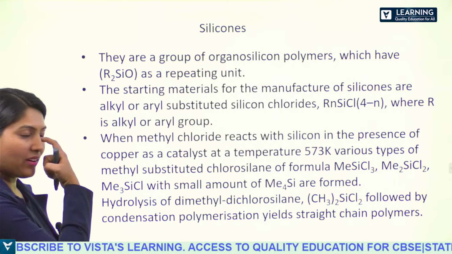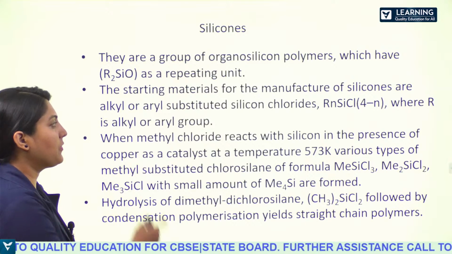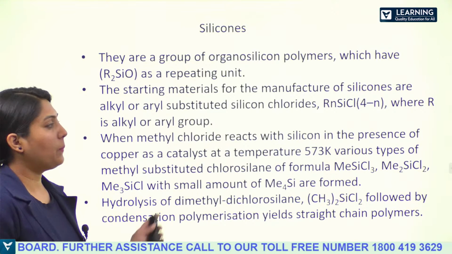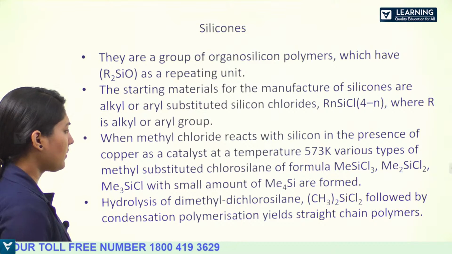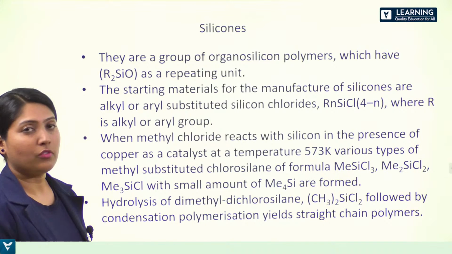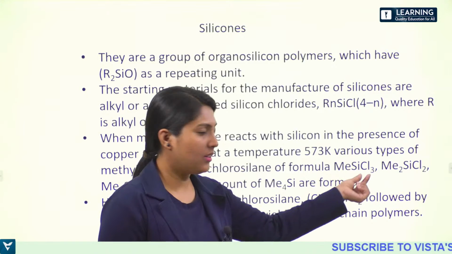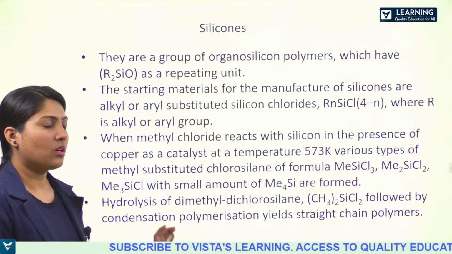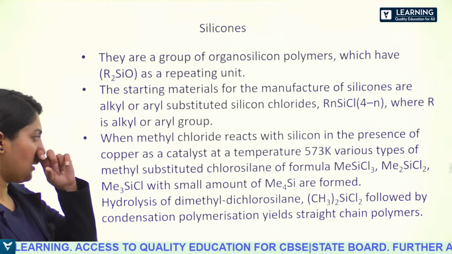When methyl chloride reacts with silicon in the presence of copper as a catalyst, at 573 Kelvin, various types of methyl substituted chlorosilanes are formed, of formula monomethyl trichlorosilane, dimethyl dichlorosilane, and trimethyl monochlorosilane, with small traces of tetramethylsilane being formed.